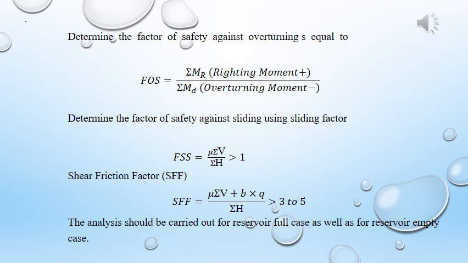Now in large dams, some shear friction factor, SFF, is also used. So, this uses the strength of the joint at the different planes or levels.